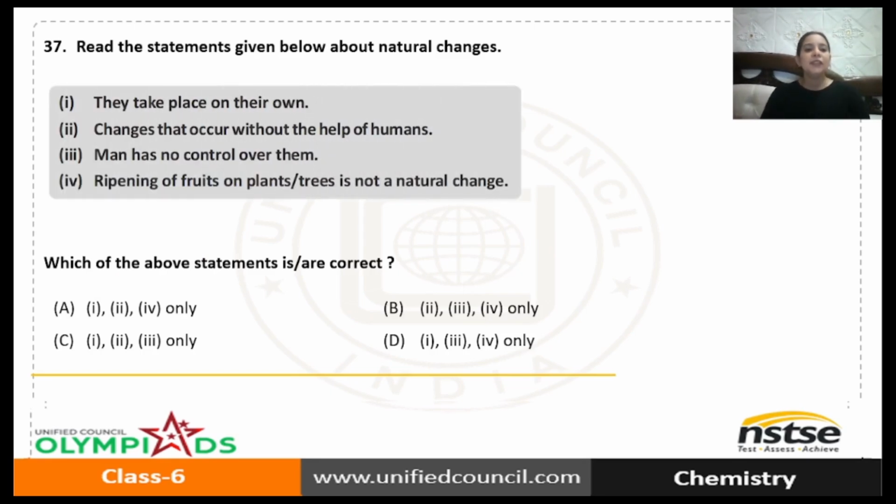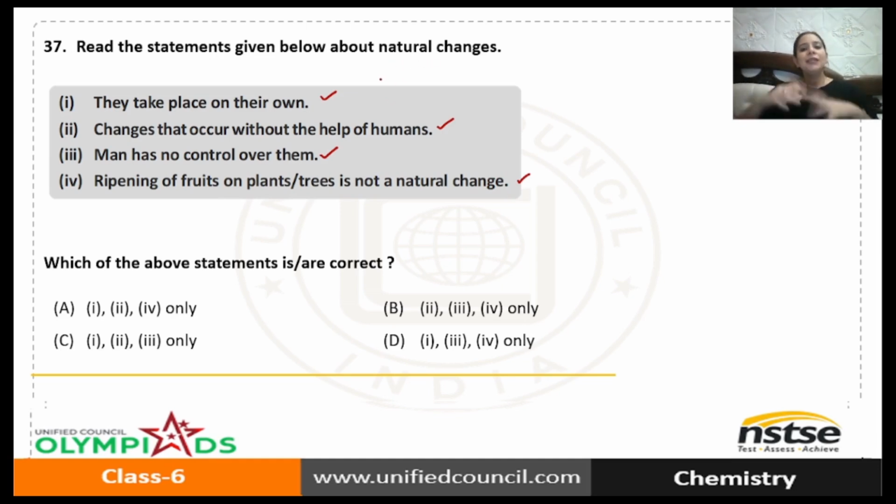Next question. Read the statements given below about natural changes. So here we have a statement, and it states that they take place on their own. Changes that occur without the help of humans. Man has no control over them. Ripening of fruits on plants, trees is not a natural change. Now we need to select those points which are directly or indirectly linked with natural changes.